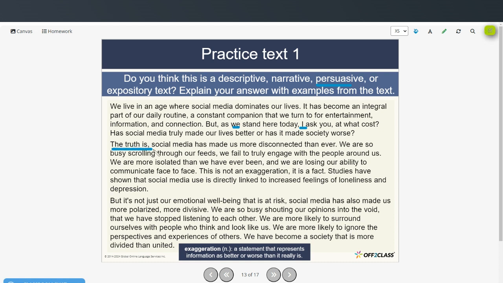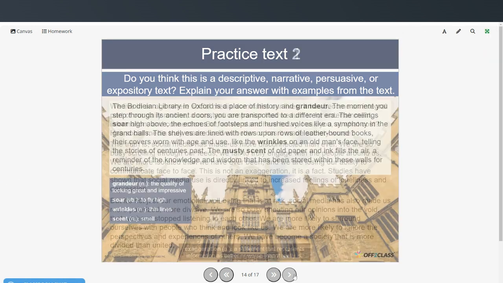In his opinion, social media has made us more disconnected, losing our ability to communicate face to face, and more polarized and divisive, but he doesn't provide any fact-based evidence of that. It's just this writer's opinion. So this, I believe, is a persuasive text.